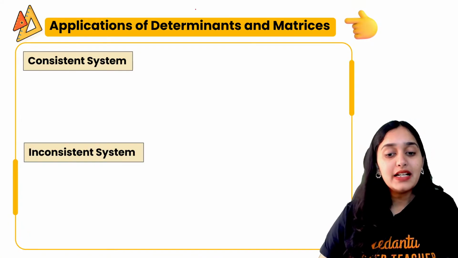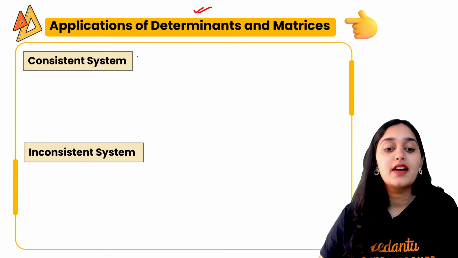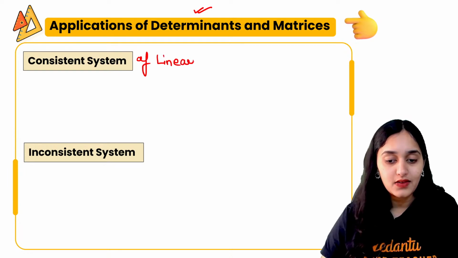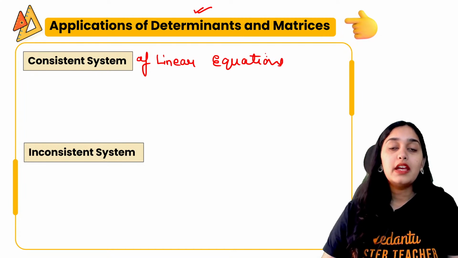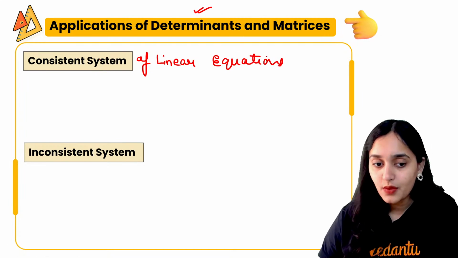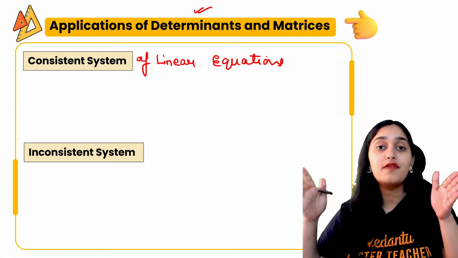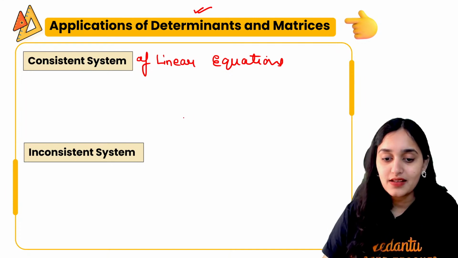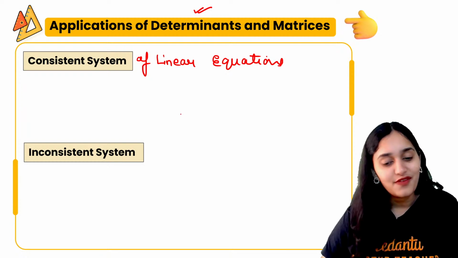So, determinant is basically used to find out consistency of a system of linear equations. How do we do that? So, if you have a system of linear equations, 2 linear equations, 3 linear equations, 4 linear equations, and you want to find out solution and the consistency of the system, then basically you need determinants for your use.